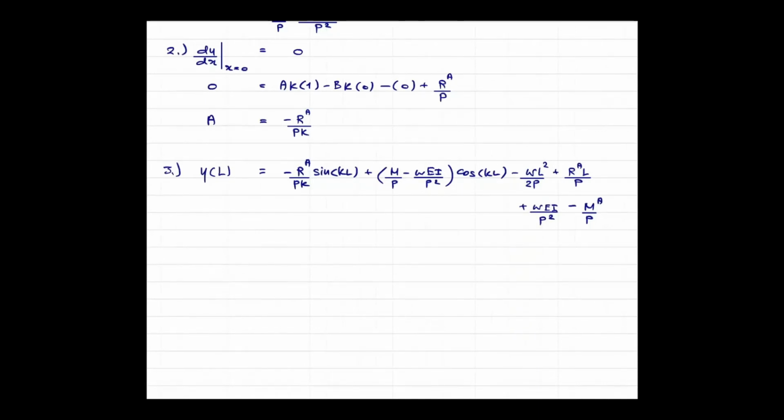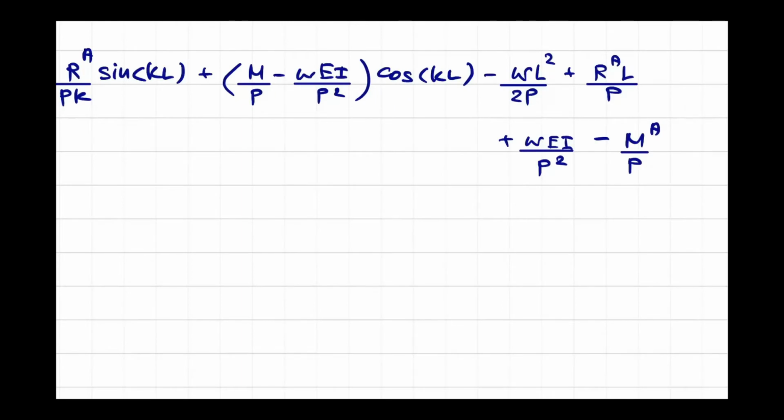Rearrange. The WEI over P square is actually equivalent to W over K square P, right?